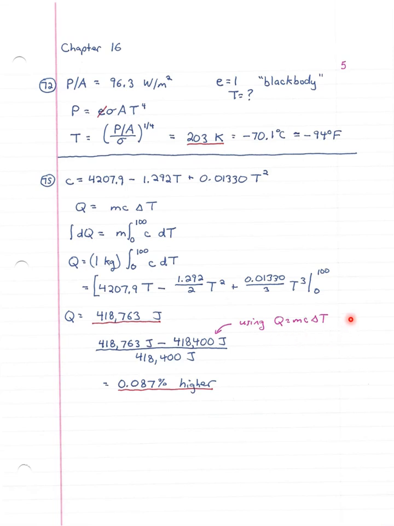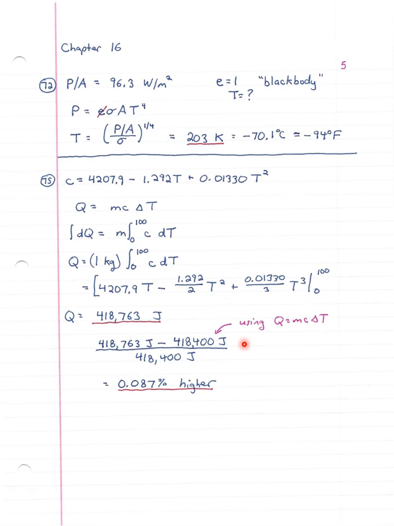So you see I've written here in purple, Q equals m c delta T. M is 1 kilogram, C is 4184. That's the value we look up in the table that it refers to. Difference in temperature is 100 degrees, and that becomes 418,400 joules.